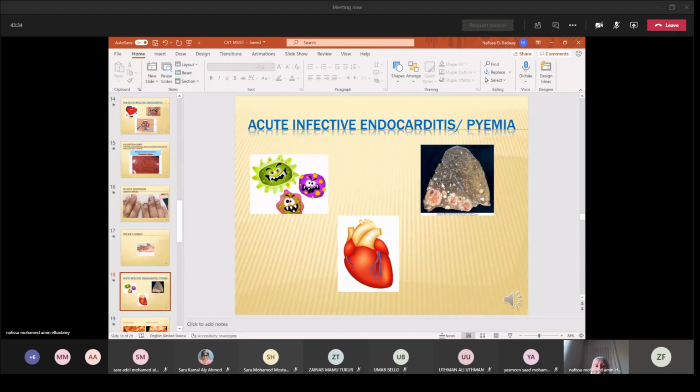As we said, acute bacterial endocarditis will cause systemic pyemia, and it will cause multiple pyemic abscesses in all organs where they settle.